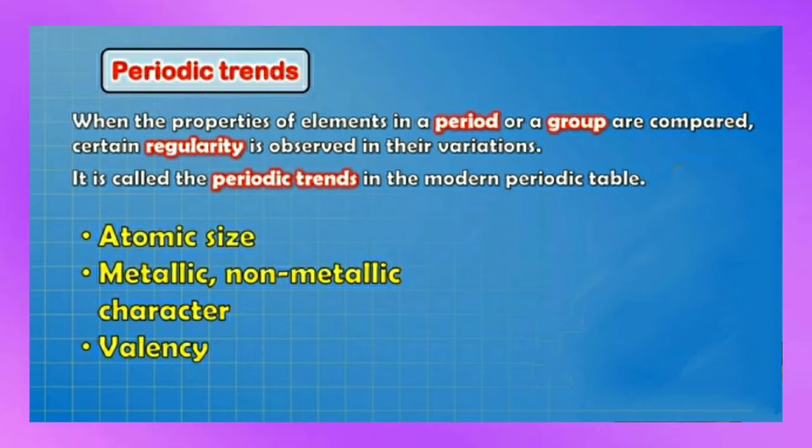It is atomic size, metallic, non-metallic character, and valencies. Okay, so we are going to consider only these three properties of elements in the modern periodic table. Okay, so let's see the first one. The first property which we are going to learn is valency.